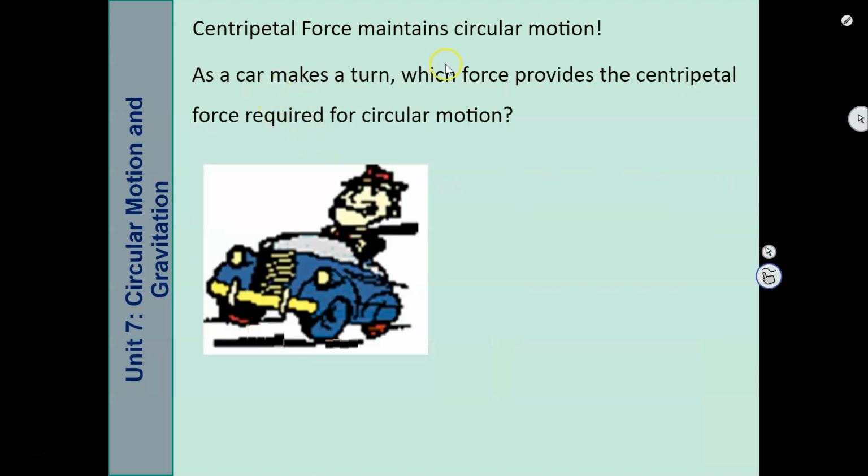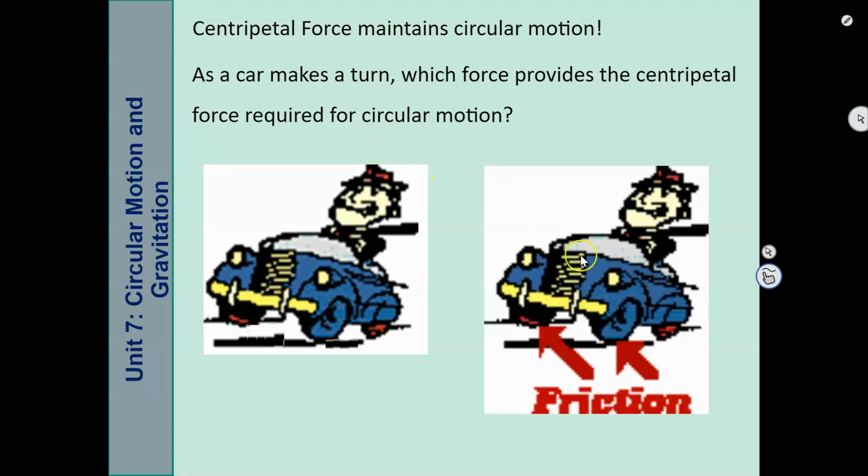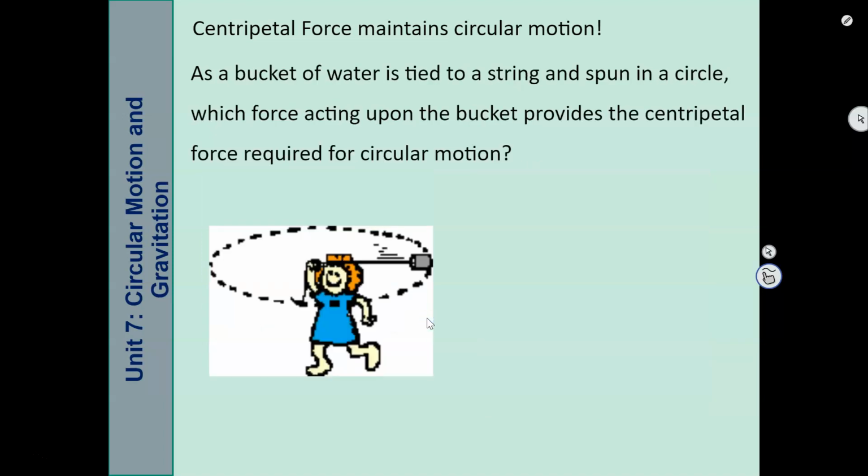Okay, with a car, the centripetal force required for that motion is the friction on the wheels that gives it the ability to follow the circular path. If there isn't enough friction on the road, you would not be able to go in that circular motion. So when it gets icy, sometimes you don't have enough friction.